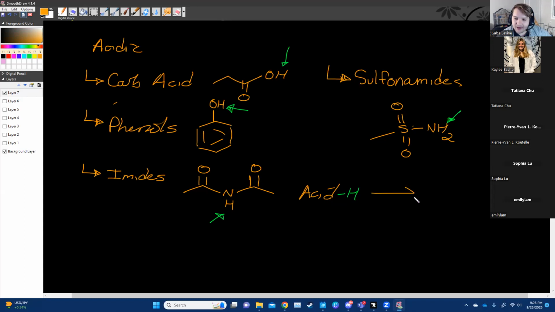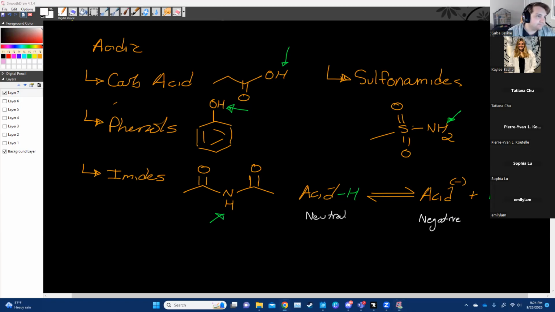And what will happen is that that acid will donate its hydrogen to the solution. I need more colors. So we go from neutral to negative with acids. Acids go neutral to negative.